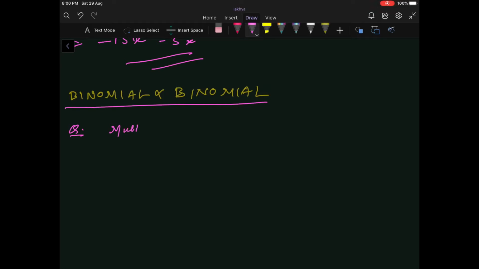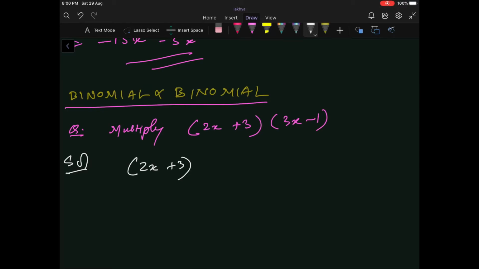Multiply 2x plus 3 into thrice x minus 1. Okay, so let me show you how to solve this. It's very simple. Okay, twice x plus 3 into thrice x minus 1.